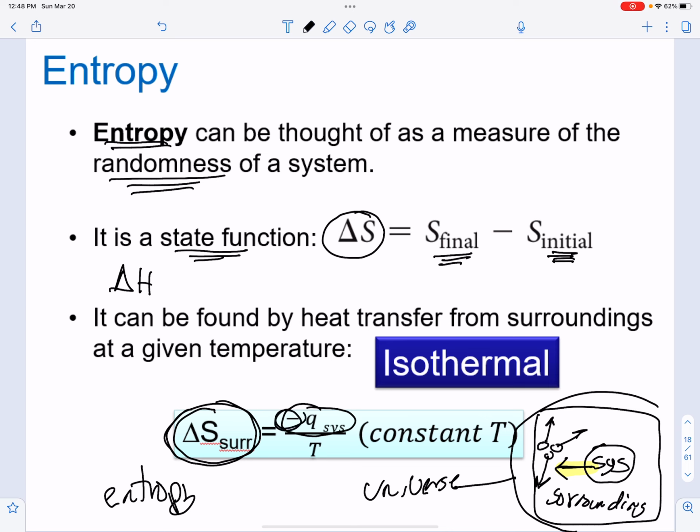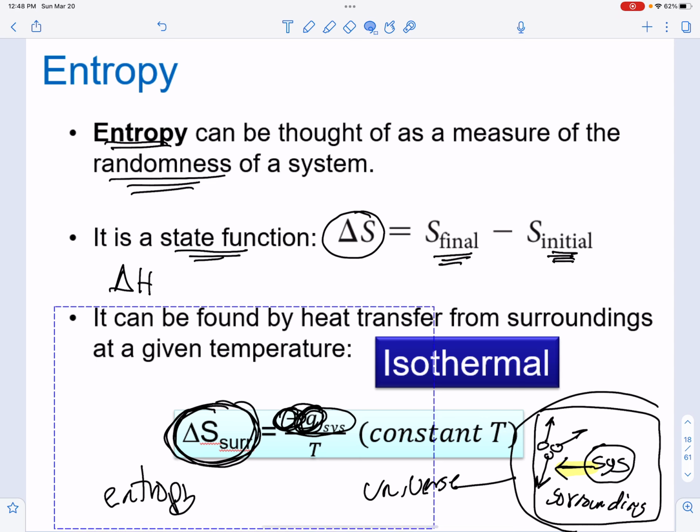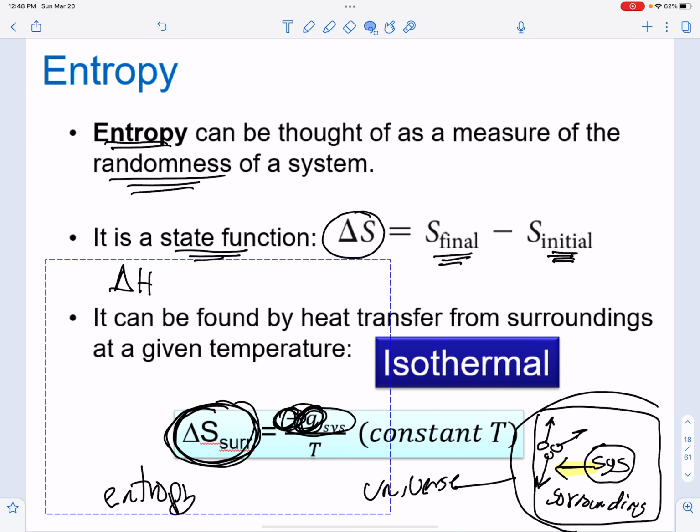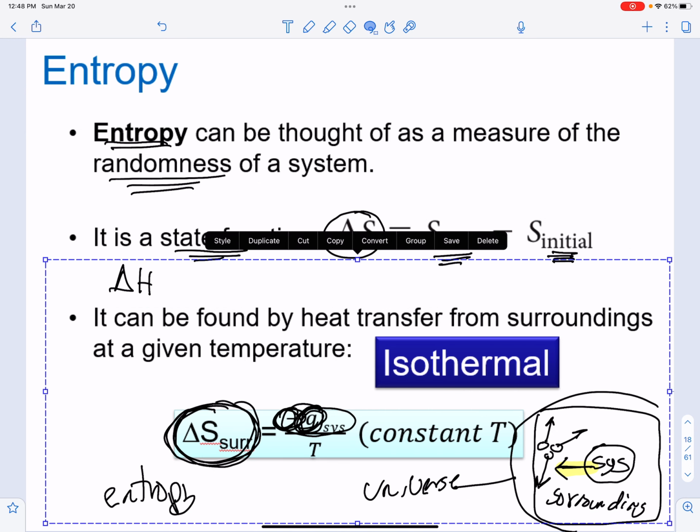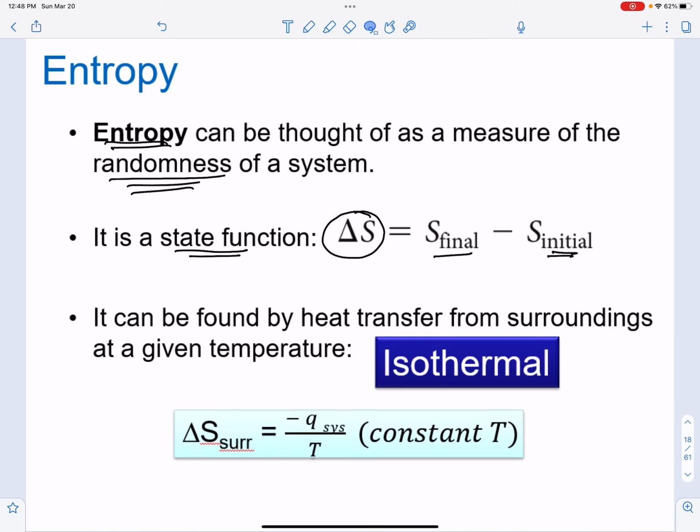So when the system releases heat, the surrounding acquires that energy and the entropy increases. So by knowing how much energy the system is releasing and knowing the temperature at which this process is happening, that gives us a measurement of the entropy. By measuring the heat of the system, you can find the entropy of the surrounding. So the one gives to the other.